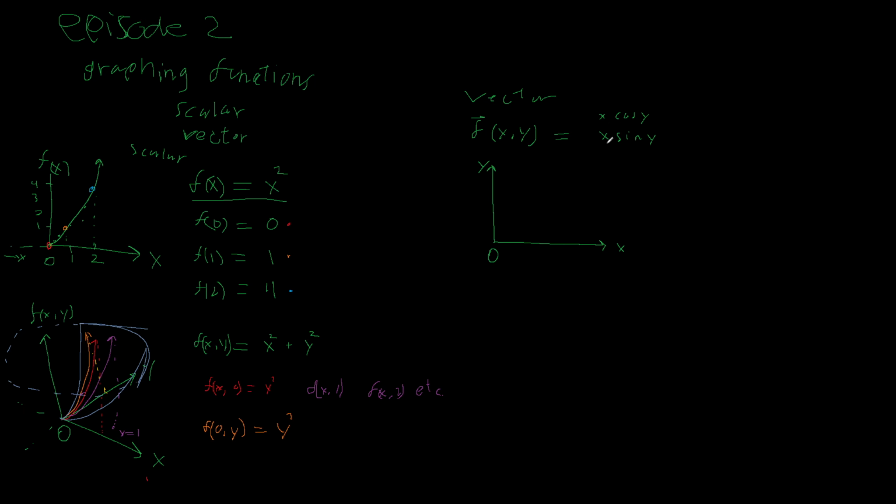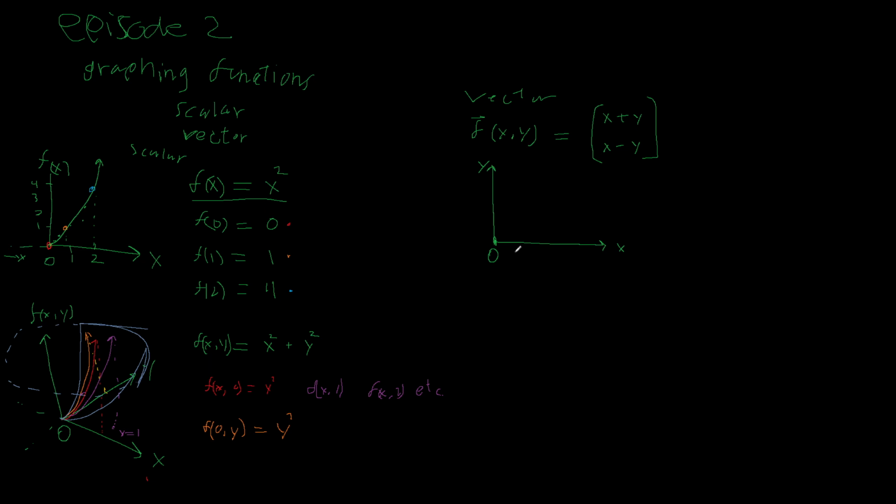Is that right? Or actually, wait, I might change this up. Just something simple, x plus y, and then here x minus y, I don't know. Something like that. We'll just think about this. When they're both 0, obviously this is the 0 vector. We don't have to think about anything.